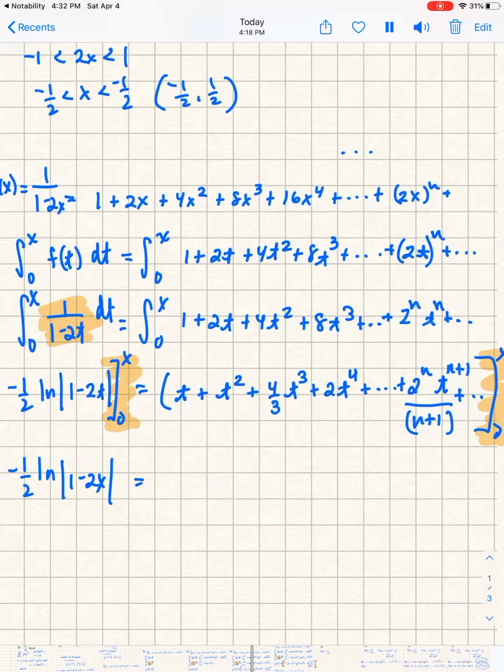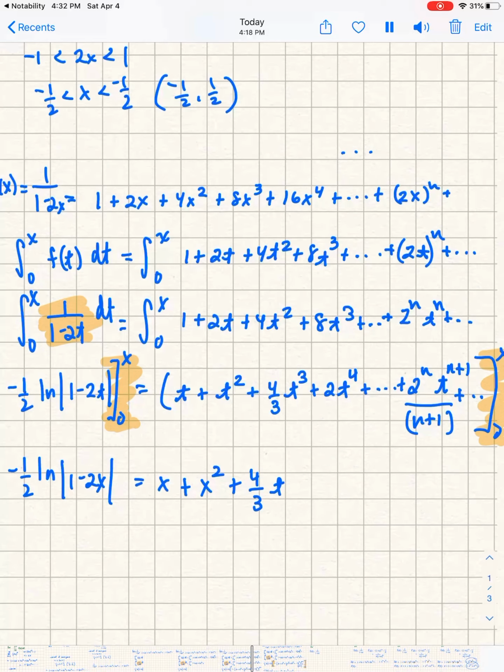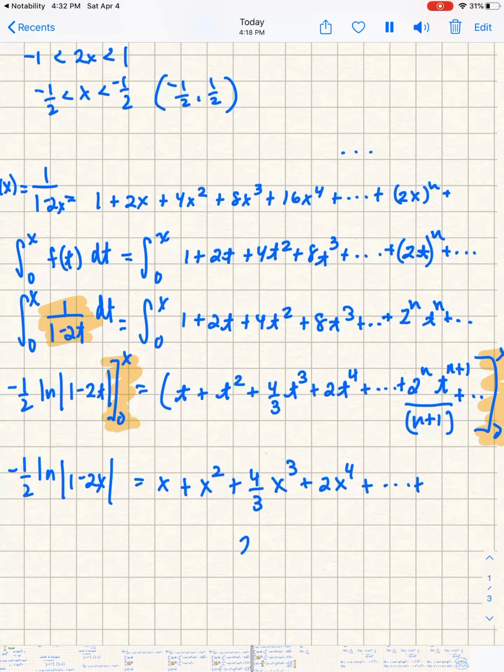So now you have this function here, and you figured out the power series for negative 1/2 ln 1 minus 2x. So I got a power series for a function by doing the integral of that function that we already knew. Okay, so that's a little hint on what you need to do for exercise 2.